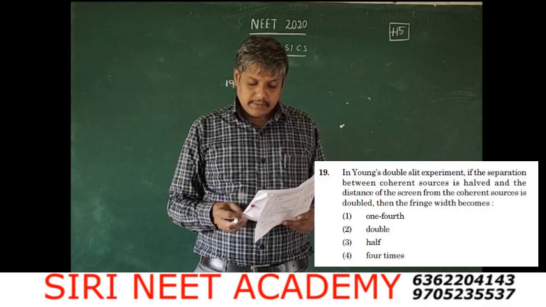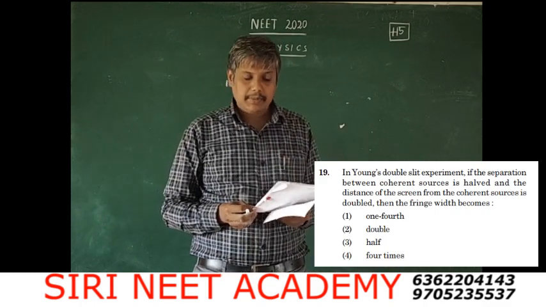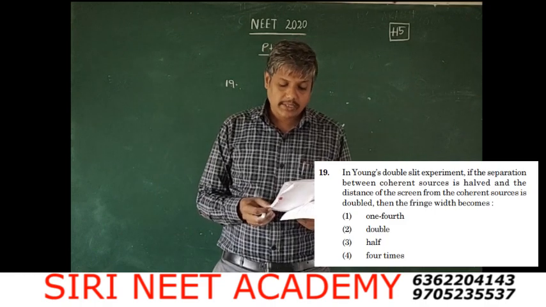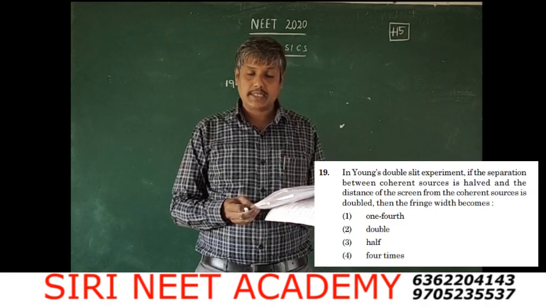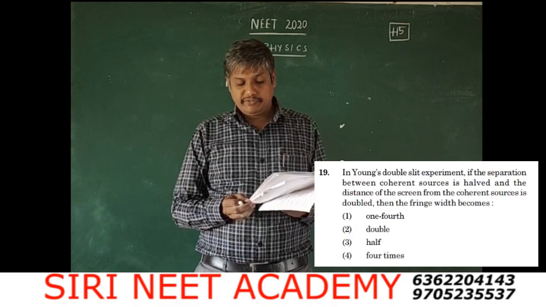Question number 19. In Young's double slit experiment, if the separation between coherent sources is half and the distance of the screen from the coherent sources is doubled, then the fringe width becomes.